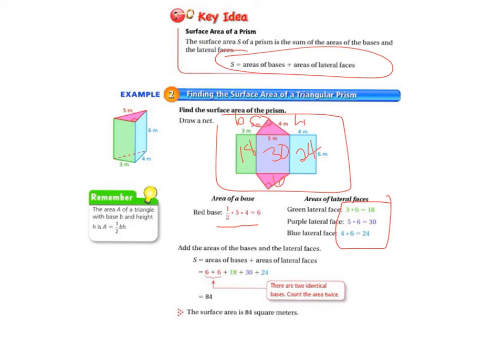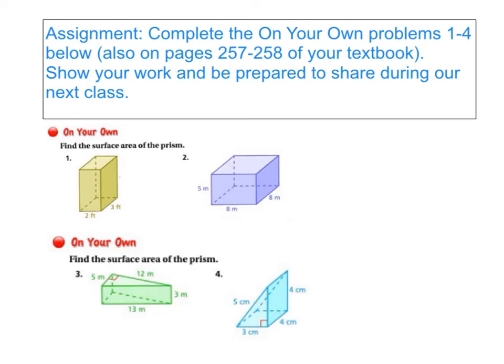So when we add all of that together, there are two bases, so they're identical, so there's 6 plus 6 plus all of those lateral faces, and when you add all of that up, it equals 84. So the surface area is 84 square meters. Don't forget your units and don't forget to square them.